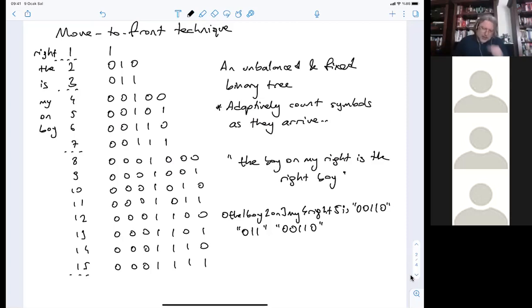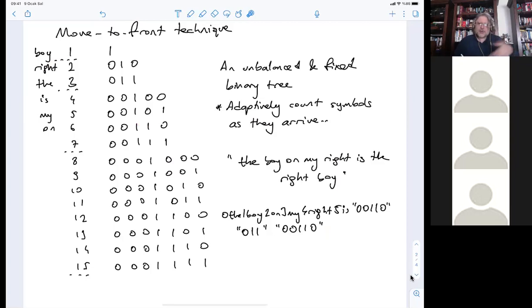So this is boy, and now the count of boy is also 2, so it must be pushed to the top. Boy, right, the, is, my, on. Now at this point, this is the final structure of the table, the dictionary.